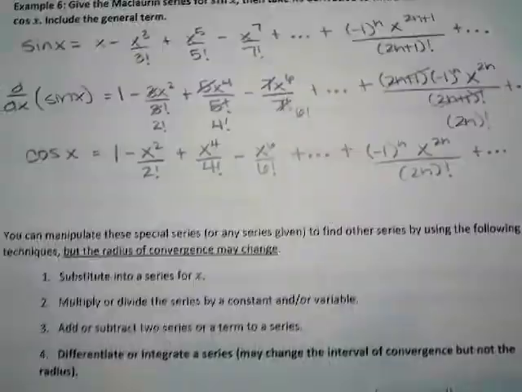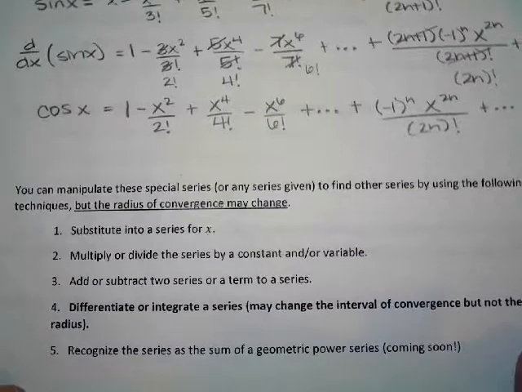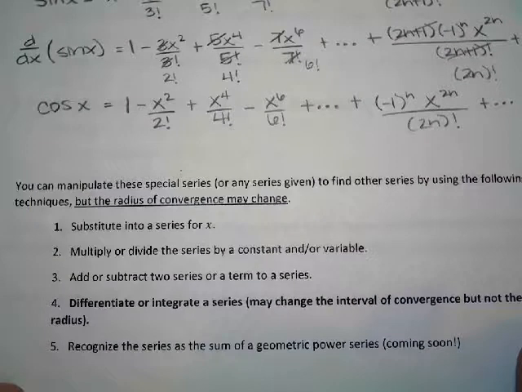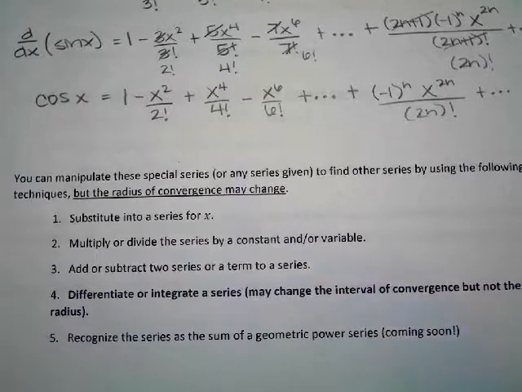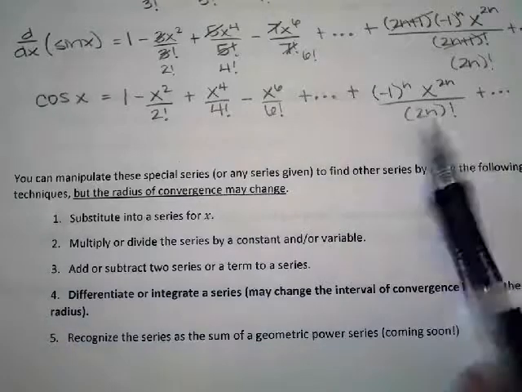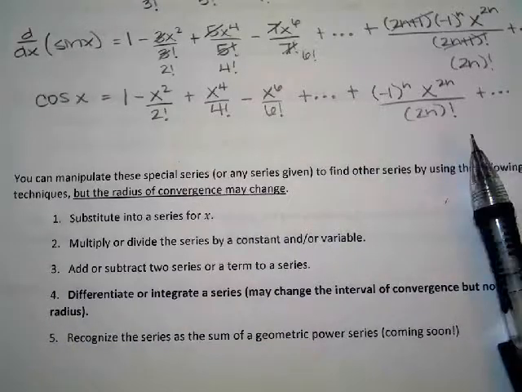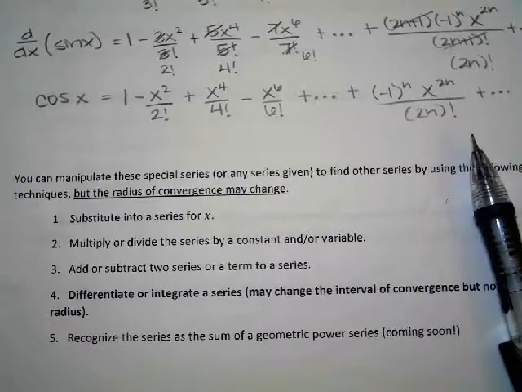All right, the important thing to remember is that as you do these different special series, you can multiply or divide series by a constant or a variable. You can substitute series in for x. We did that.